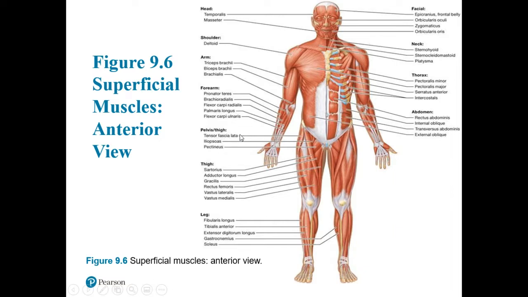Like it has the name of a drink from Starbucks, right? But this tensor fascia allows you to abduct your entire leg. So the reason why you would be able to move your entire leg upwards in that direction, abduction, to some extent, is the action of the tensor fascia muscle.